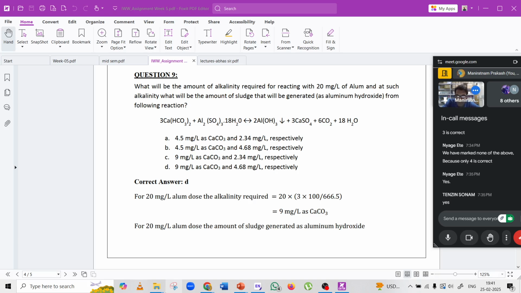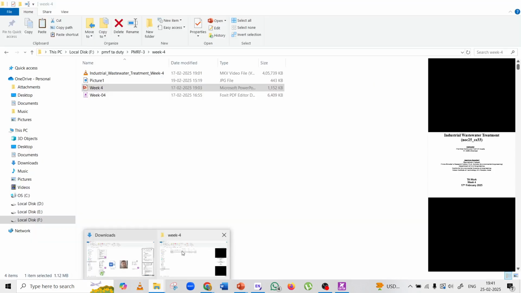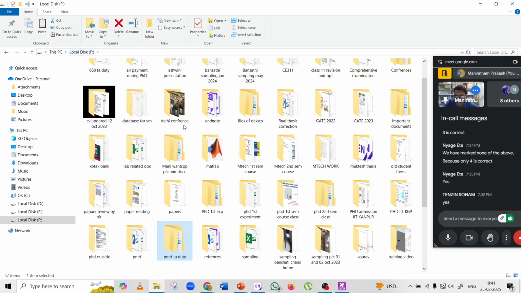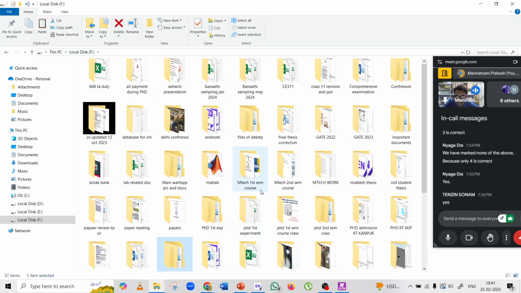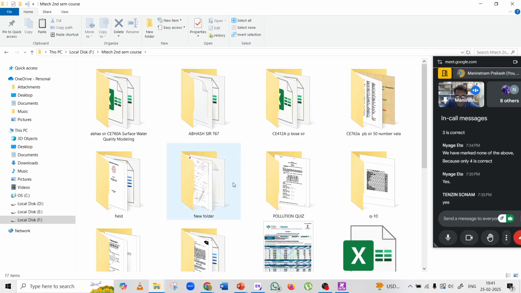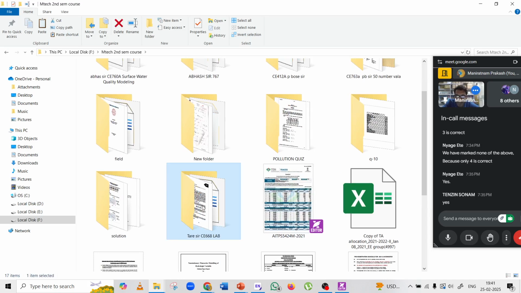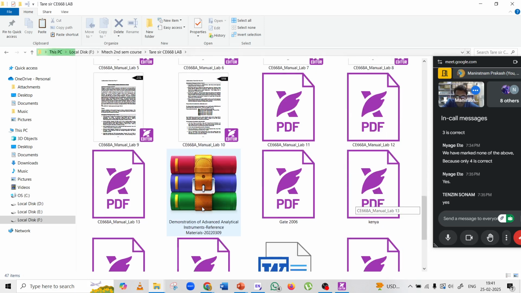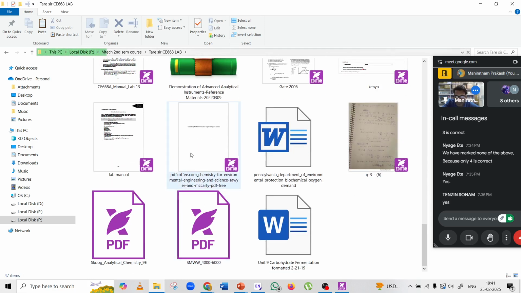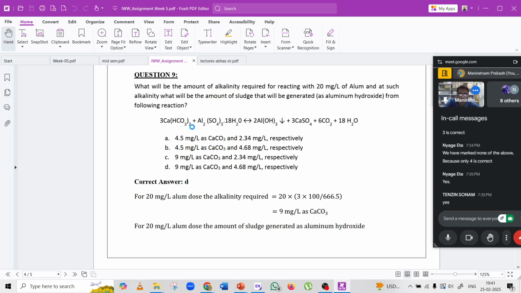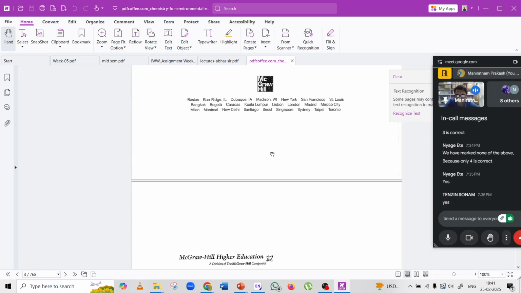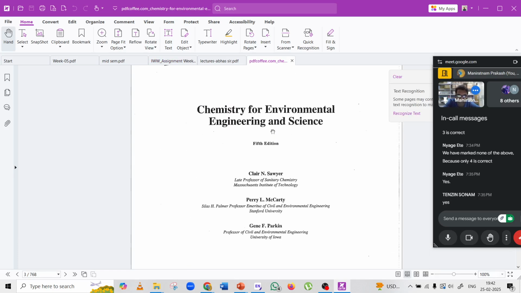There is one book. I always suggest that if you are interested in wastewater, then go through this book. Chemistry for Environmental Engineering and Science by Sawyer and McCarty.